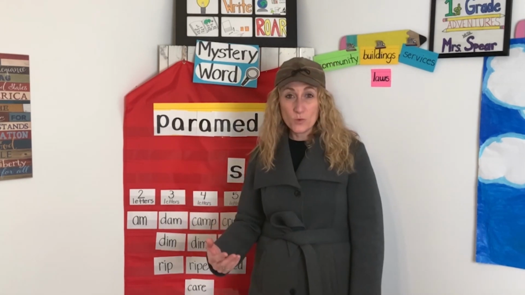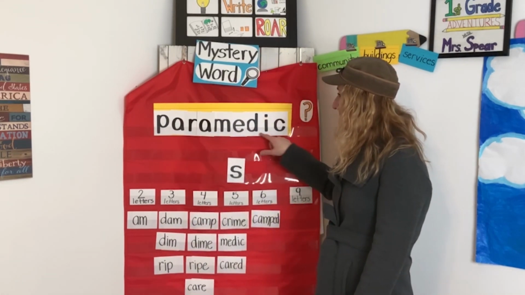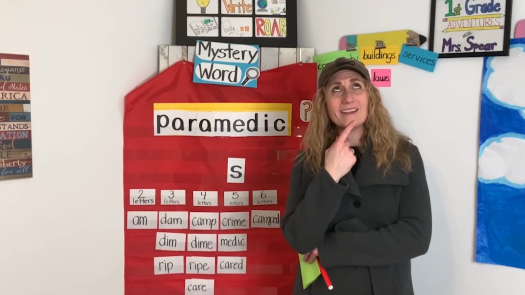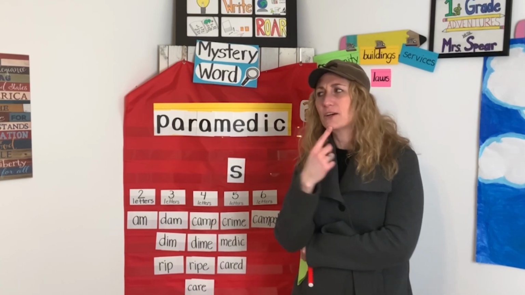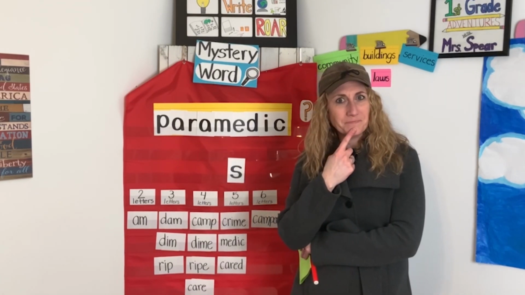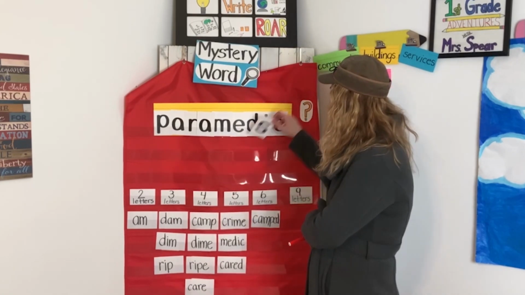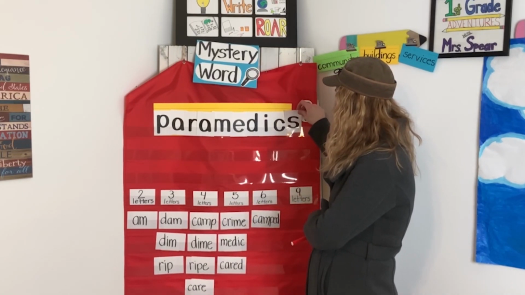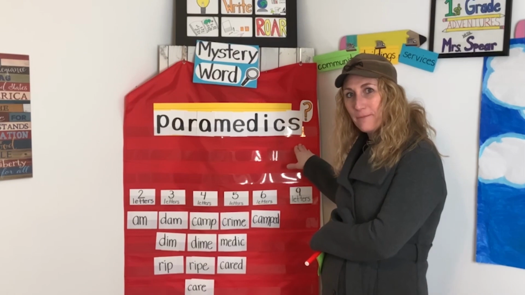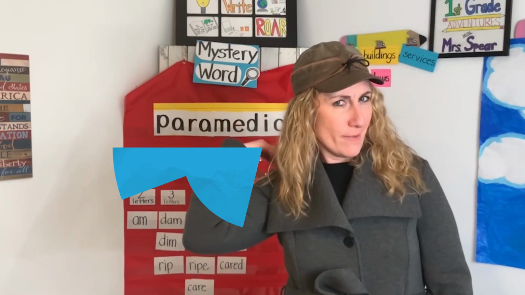People call that the schwa. This says paramedic, but there's still 1 letter left. Where should that go? That S. You got it right at the end. Our mystery word today is paramedics. Can you say paramedics? Woohoo! Well done. Give yourself a pat on the back.